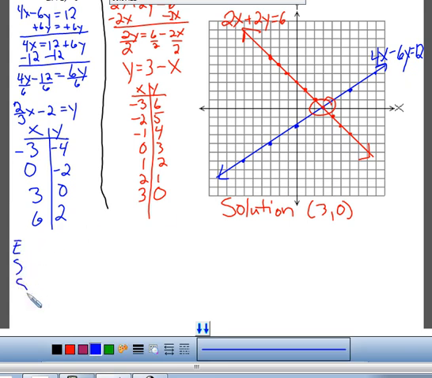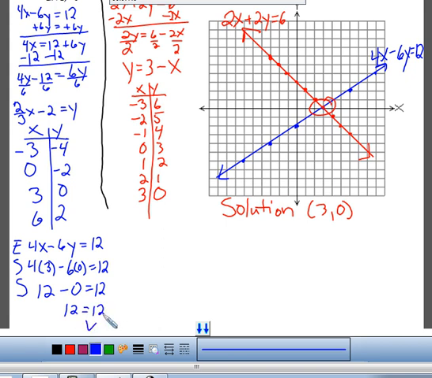So the original equation is 4x minus 6y equals 12. This only takes a second. Plug in your values, 3 and 0. 12 minus 0, 12 equals 12, and it checks.